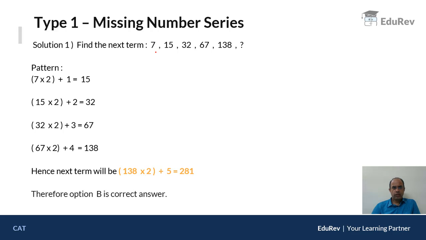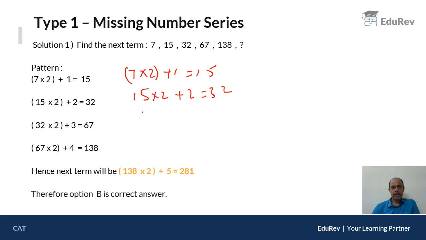Try to find some pattern in the given set of numbers. We observe 7, 7 twos are 14, plus 1 is 15. 15 twos are 30, plus 2 is 32.